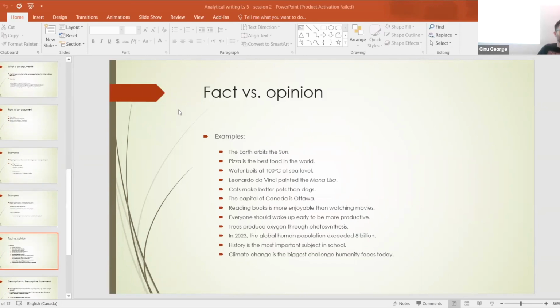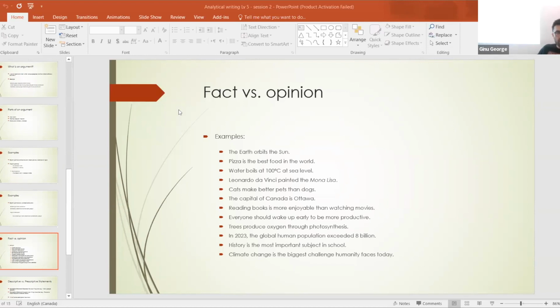Generally speaking, you could say that a fact is something objective and an opinion is not. Although what's important for us to note is that you can give arguments for opinions.